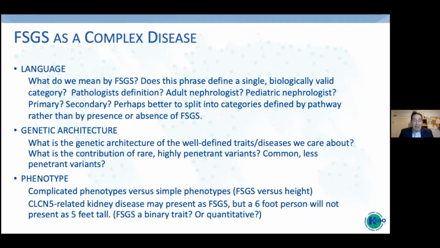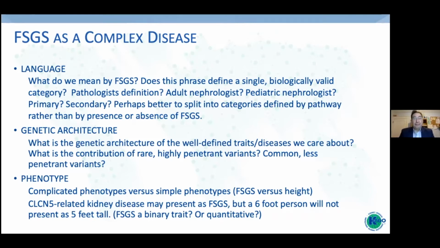FSGS, I mean, we make the diagnosis as if it's a binary trait, but is that even right? Does someone who has say 5 grams of urine protein and low serum albumin and edema, does that person have more FSGS than someone with, say, 2.2 grams of urine protein and normal albumin level?